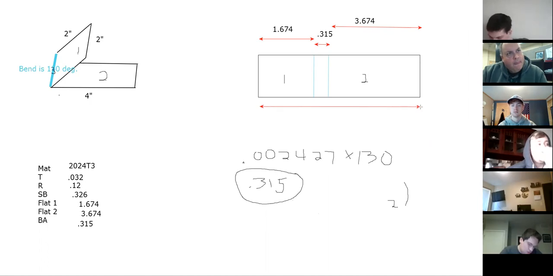The total length. Total length. If you have a calculator, what would be the total length? First of all, how are you going to figure out total length, and then what would the number be?